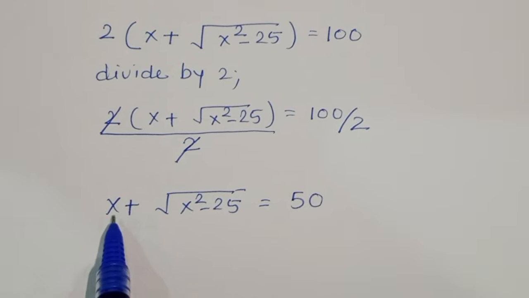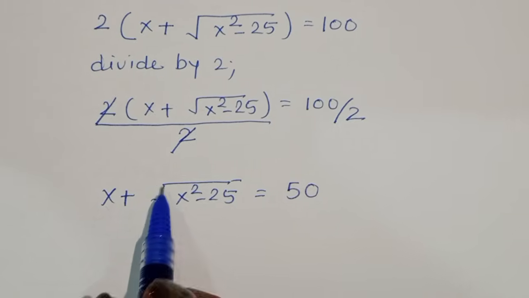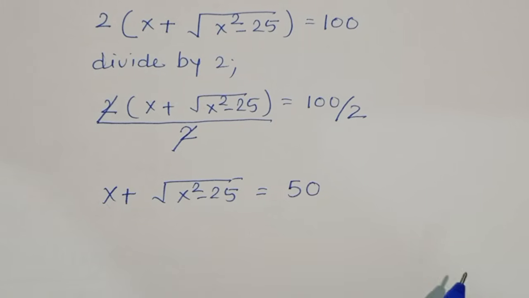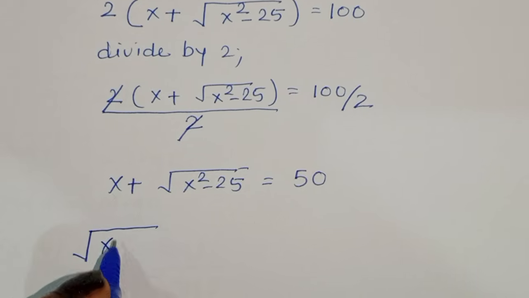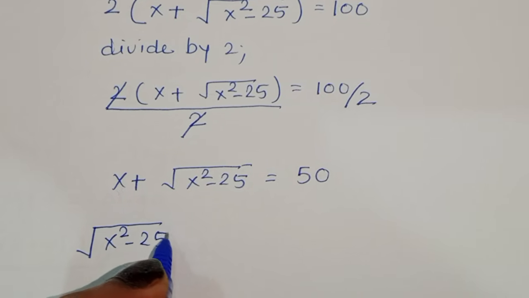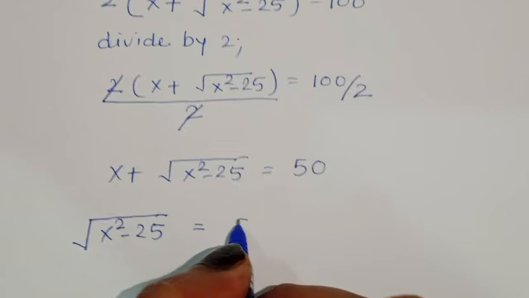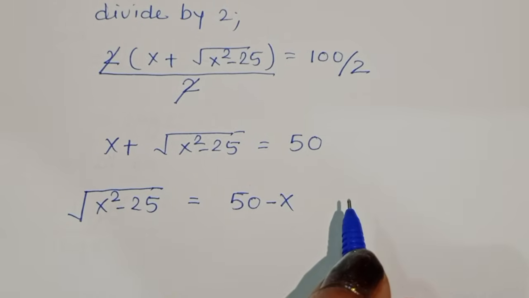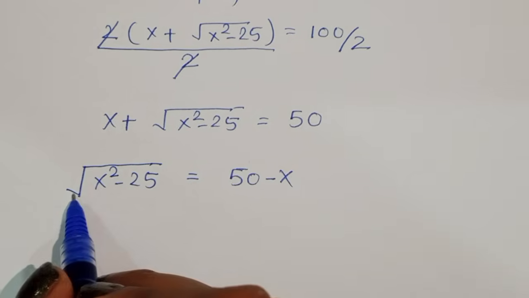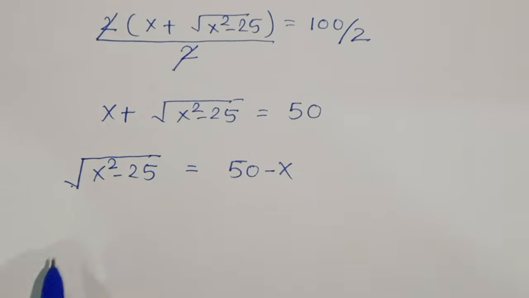We got one equation: x plus square root of x square minus 25 is equal to 50. Now we can write square root of x square minus 25 is equal to 50 minus x. Now we have to cancel this square root, so we take square on both sides.